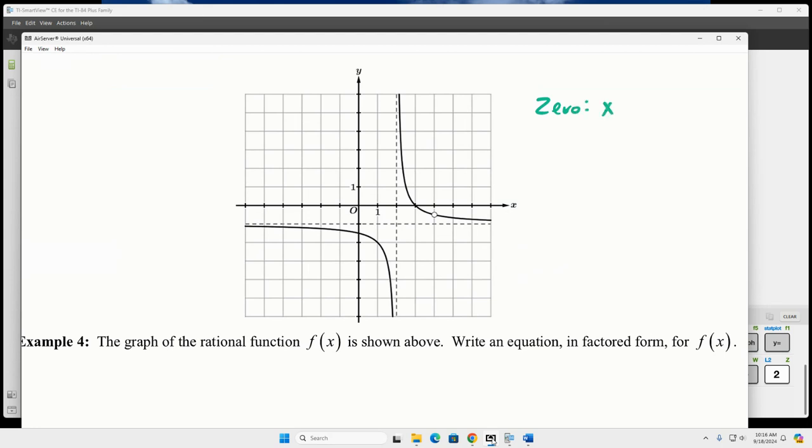Yes, at x equals 3. Right? Does this one have a hole? Yes, x equals 4. The vertical asymptote is x equals 2. And the horizontal asymptote is y equals -1.